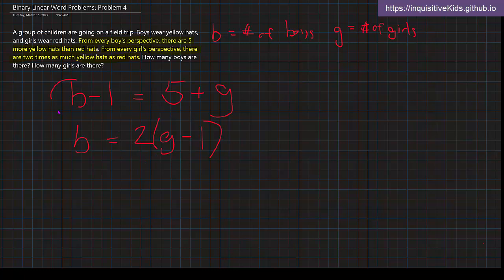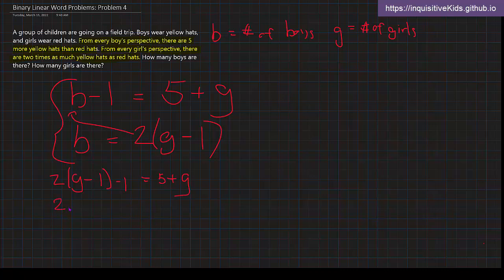And now we solve. So what math method can we be using right now? Well, we already have one variable on one side of the equation, which means that we can substitute. So we substitute this B, which equals 2 times G minus 1, into this equation, which equals 5 plus G.